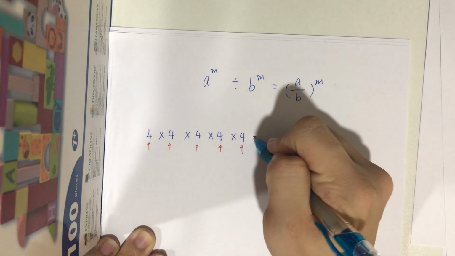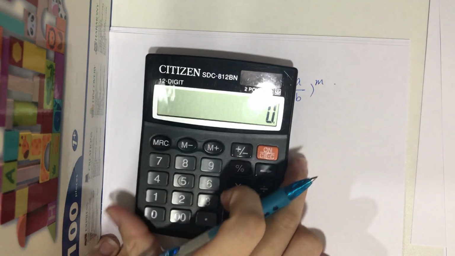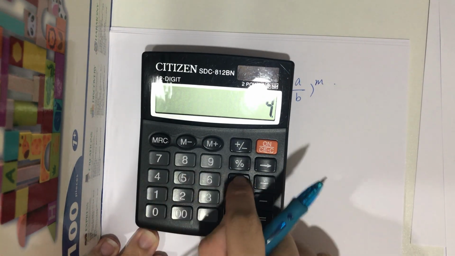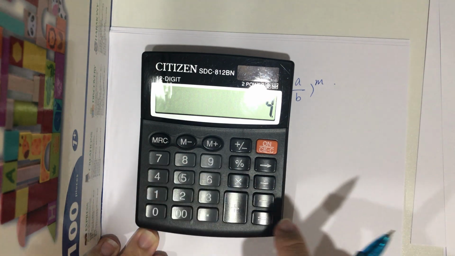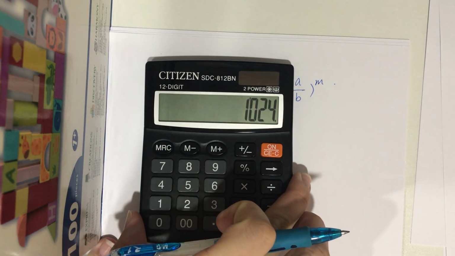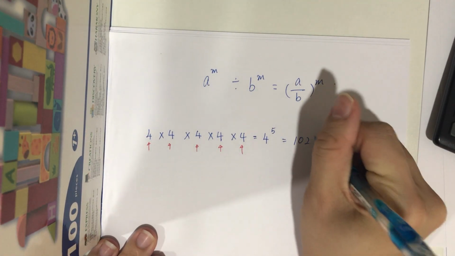So 5 times, so it's 4 to the power of 5. So what is 4 to the power of 5? It is 1024.